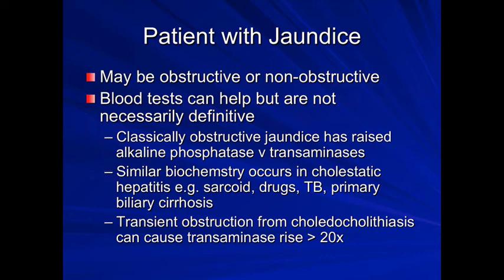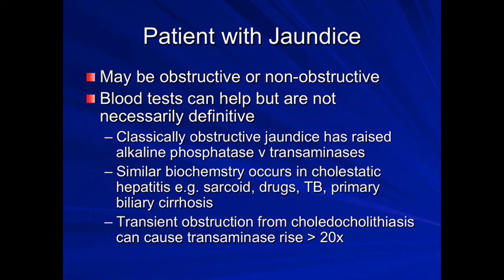Classically in obstructive jaundice, the alkaline phosphatase rises in a much greater proportion than do the transaminases. However, in cholestatic hepatitis, due to non-obstructive causes, you can get identical biochemical changes. Some of the causes of this are sarcoidosis, drugs, tuberculosis, and primary biliary cirrhosis.